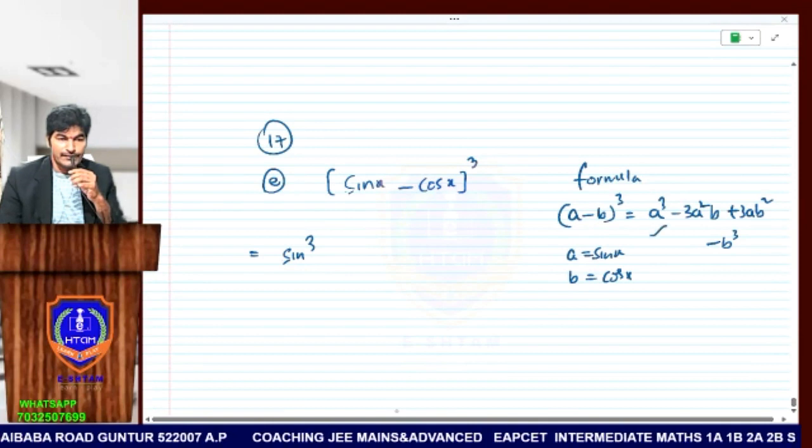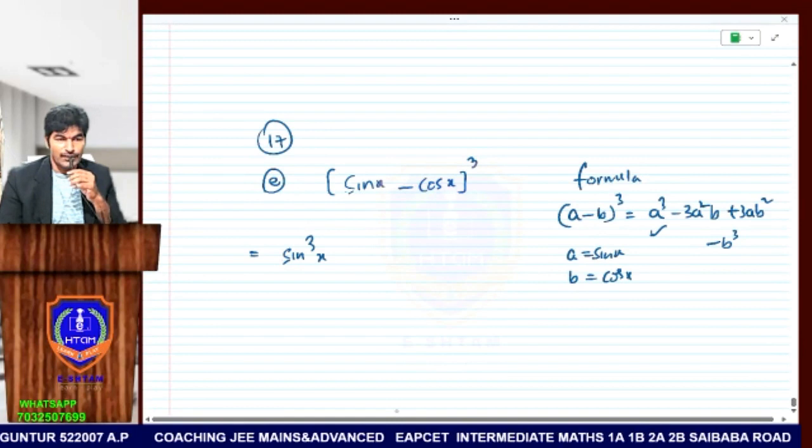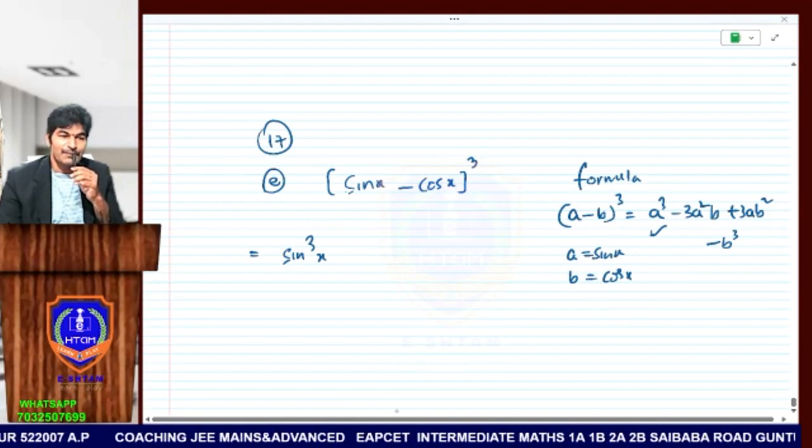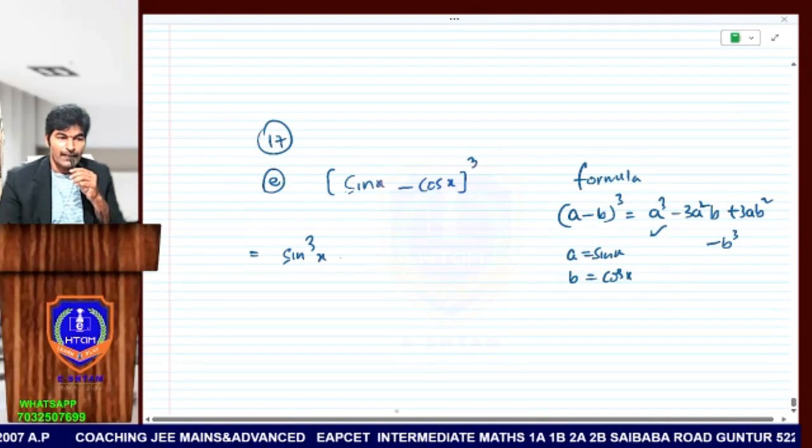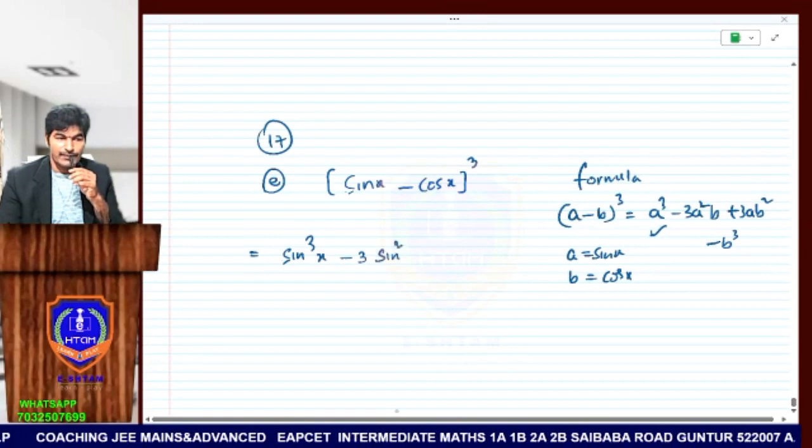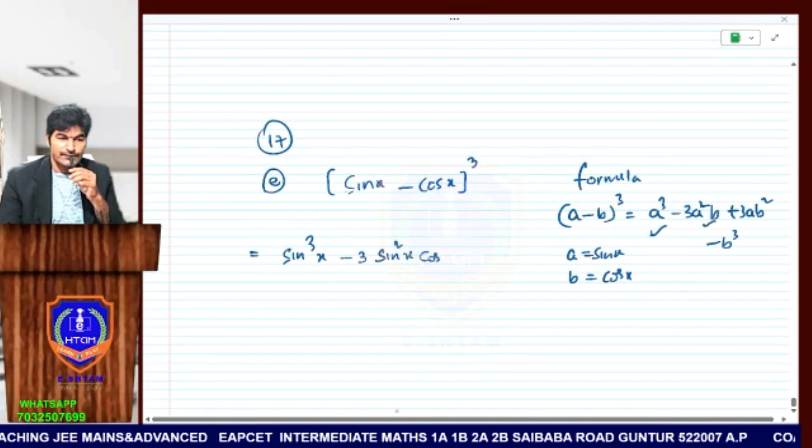First one is a cube. That means sin cube x. Don't write sin x cube. It is sin cube x. X is just an input. We are not giving any powers to that. So only we will give the power to the functions. So sin cube x. After that, minus 3a square, a square means sin square x, b means cos x.